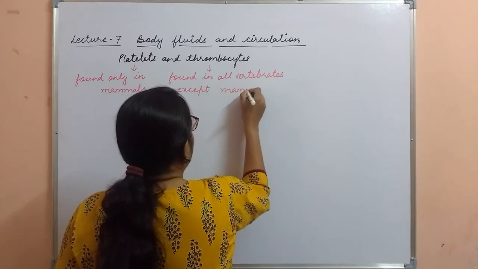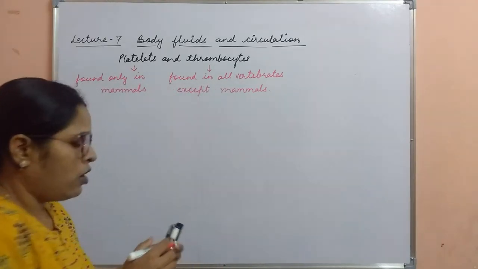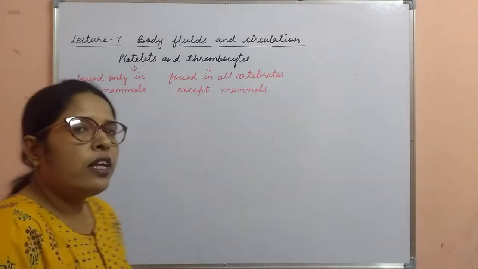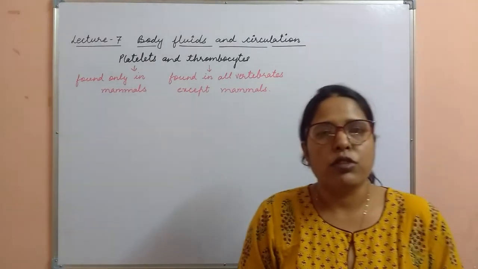Okay? So thrombocytes are the cells responsible for blood clotting in all the vertebrates except mammals, and platelets are found only in the mammals. So this is the first difference between platelets and thrombocytes.